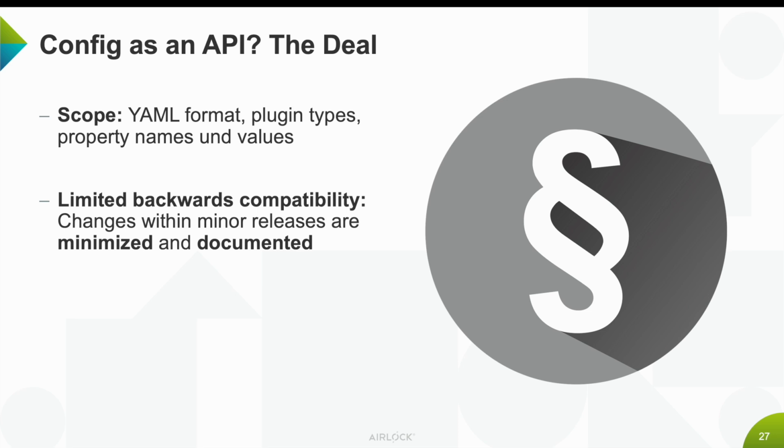So you have to expect that there's something to do, but if you keep most of the information in snippets and in main configurations, then this will be done for you using the migration tool. The deal is only valid for YAML, it's not for XML, and it's for minor releases. If we change something in a major release, we're also going to document that.